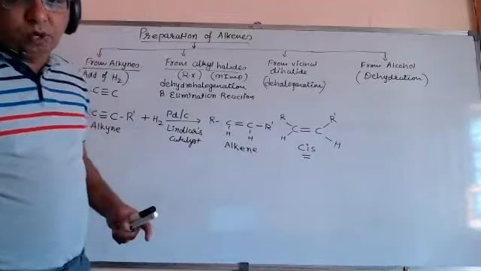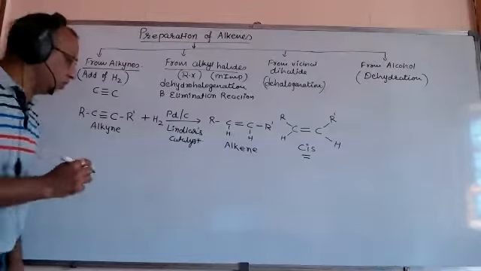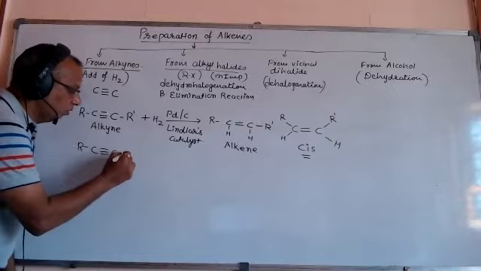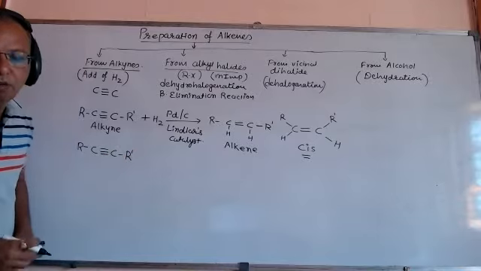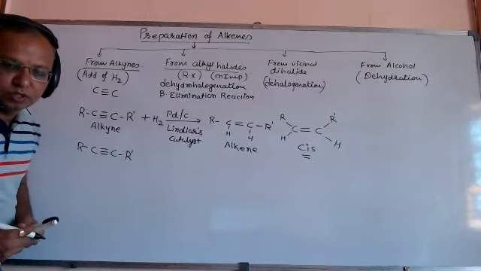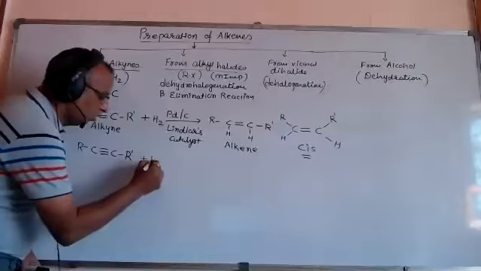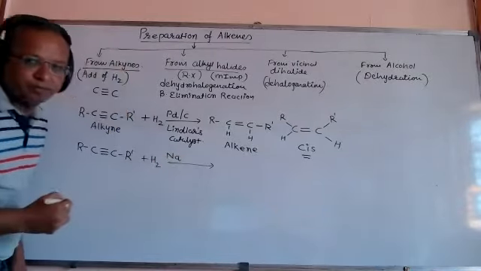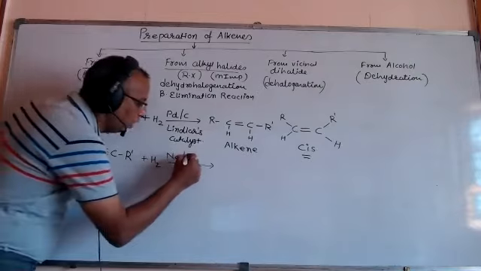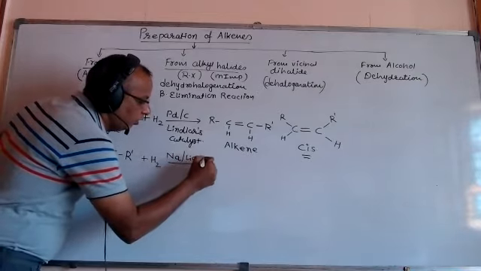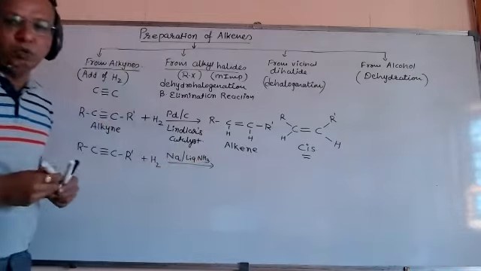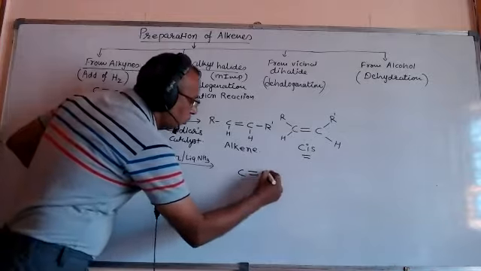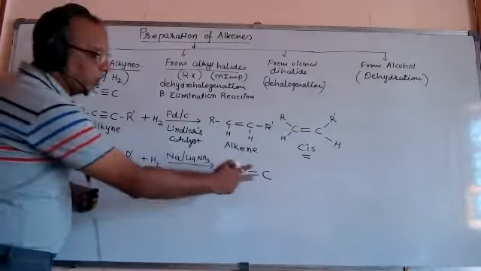But friends, if we want to obtain the trans isomer, in that case, instead of palladium, we have to use another catalyst to add hydrogen, which is sodium and liquid ammonia. Liquid ammonia and sodium are used as catalyst. In that case, the triple bond will break down into a double bond.